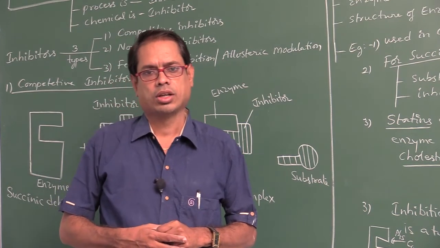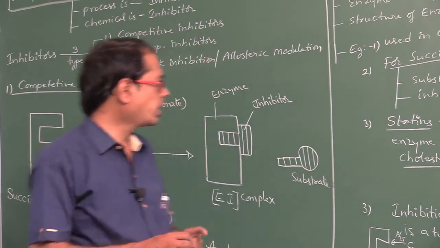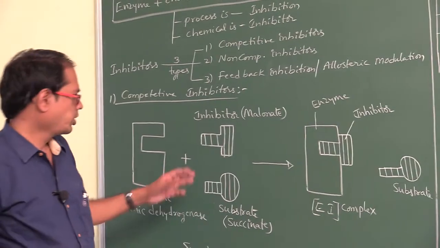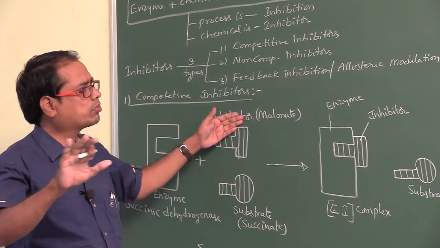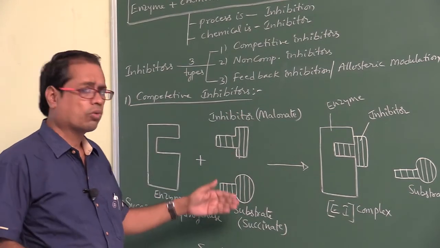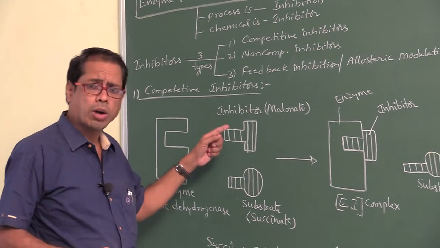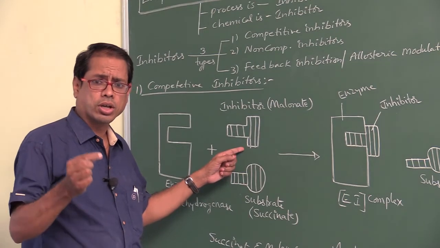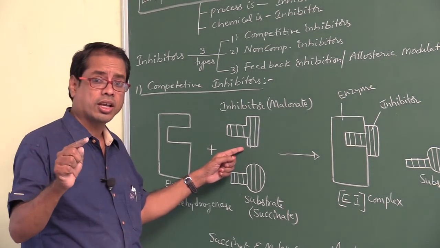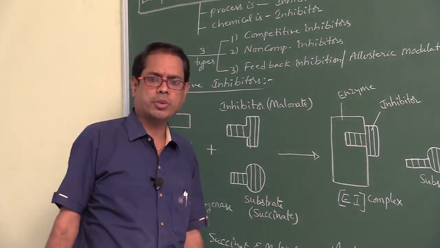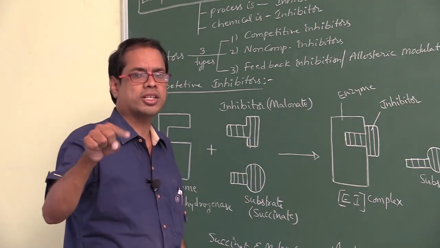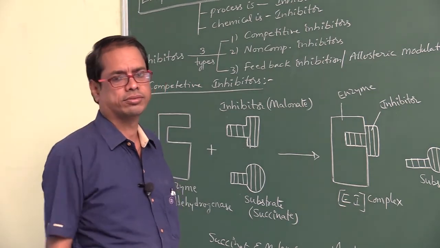Next, what is the binding site? Competitive inhibitors are attached at the active site of the enzyme, whereas non-competitive inhibitors are attached at locations other than the active site.